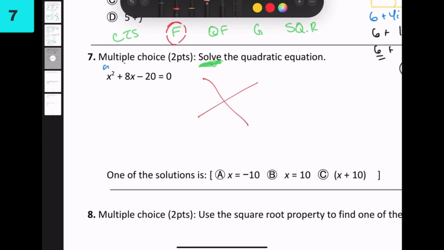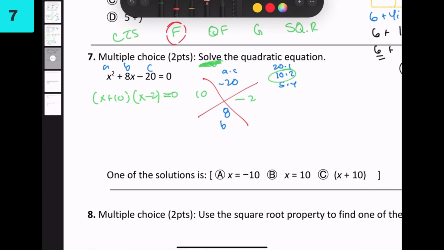A times C is negative 20. My B value is 8. If I think about all the numbers that multiply to be 20, and 2, that's negative, so x plus 10, x minus 2 equals 0.